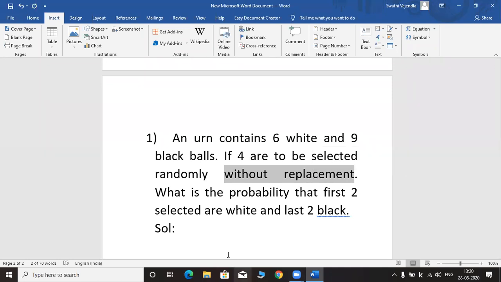So how can we solve this problem? We have to select 4 balls randomly without replacement. Among the 4 balls, 2 balls should be white and 2 balls should be black. What is the probability for this?